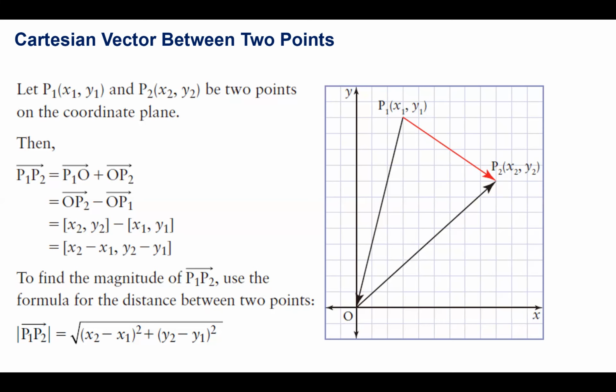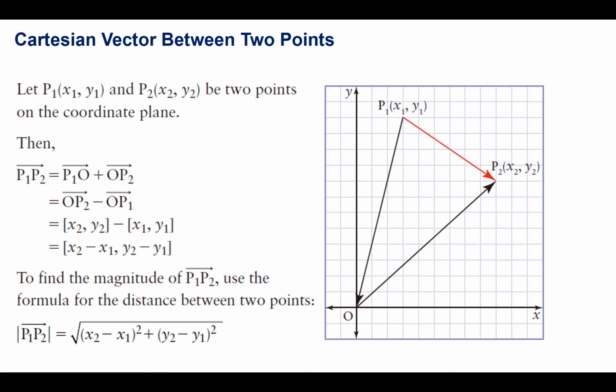Again, this equals OP2 minus OP1 because P1O is the negative of OP1, right? So put the position vectors for the two points. OP2 is actually (x2, y2).